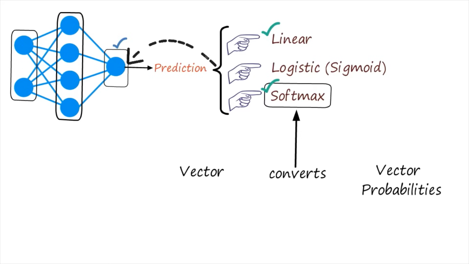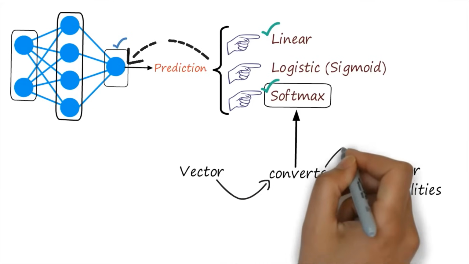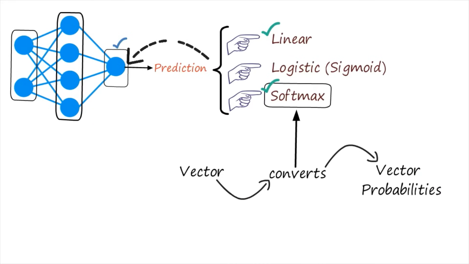This is something new. So the main objective of the softmax function is converting vector numbers into vector probabilities. This you have to keep in mind.